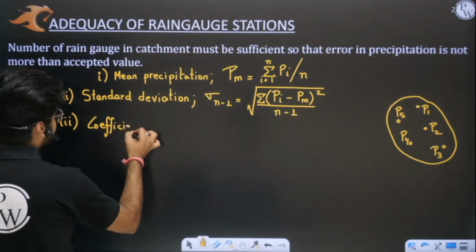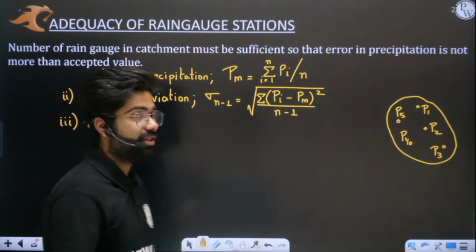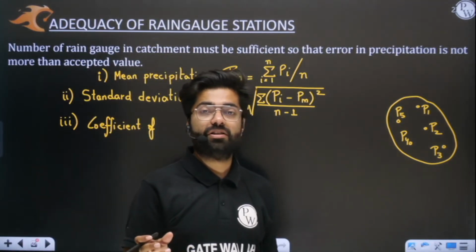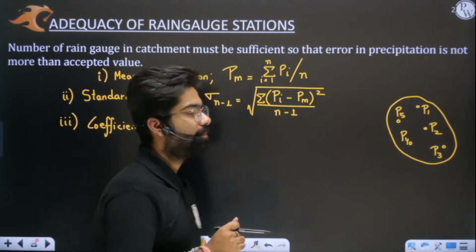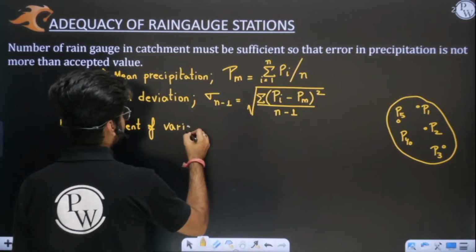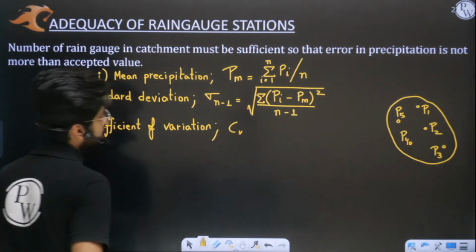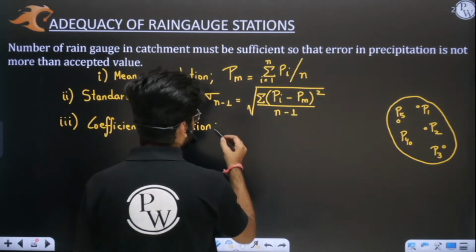Coefficient of variation is a very important term. It is used to compare two rainfall data. It is also denoted by CV. I hope this is very clear to you all.